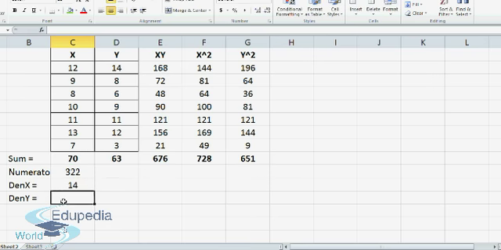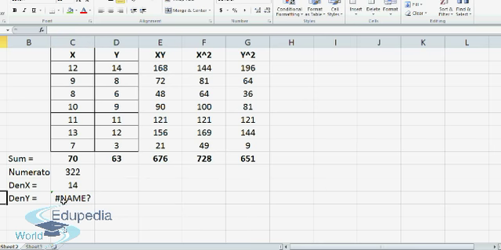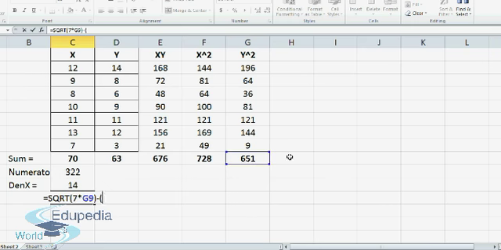And then the denominator of y would be again the square root of 7 multiplied by the square of y minus sum of y raised to power 2, and the square root is for the whole.